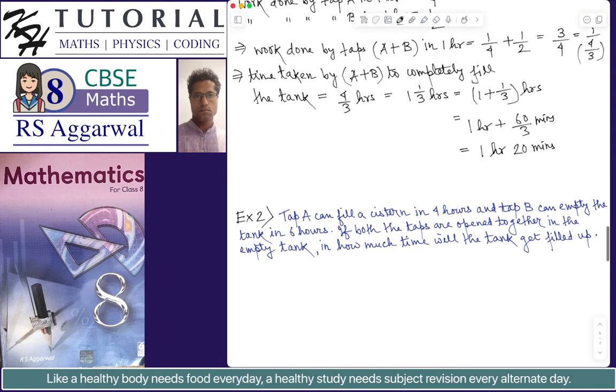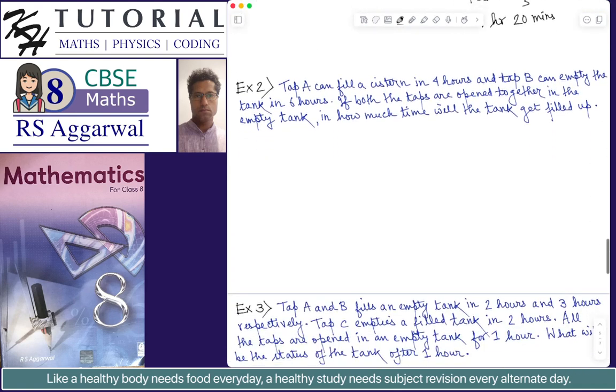Okay. Next problem is, tap A can fill a cistern in 4 hours and tap B can empty the tank in 6 hours. If both the taps are opened together in the empty tank, in how much time will the tank get filled up? So we are given two taps. Tap A is an inlet because it fills a cistern.